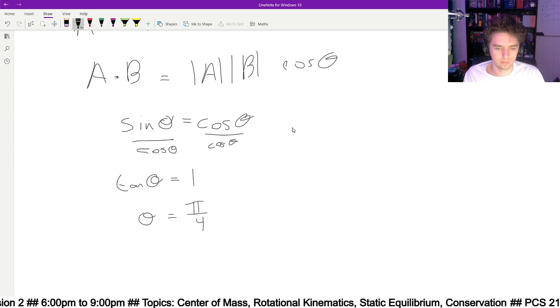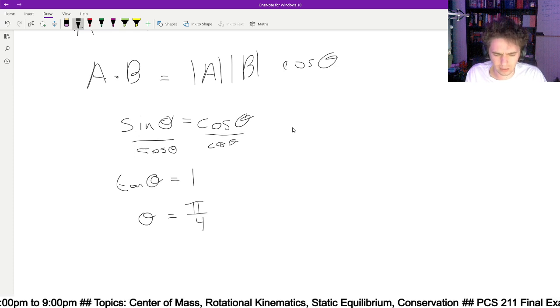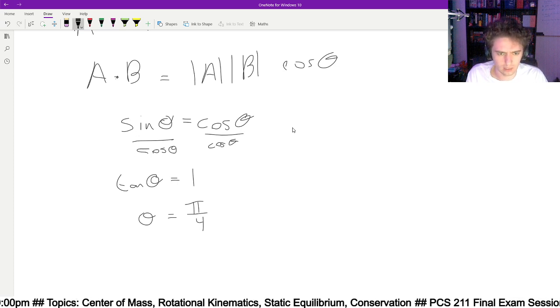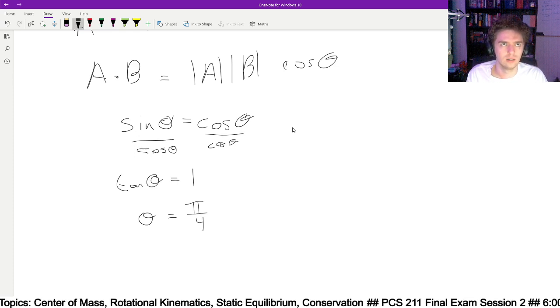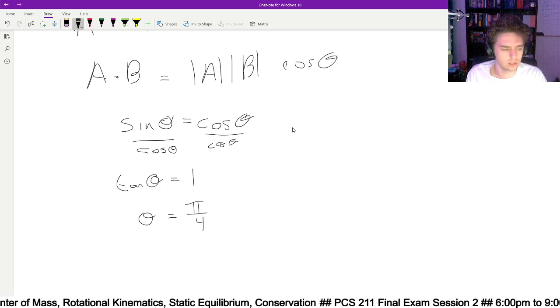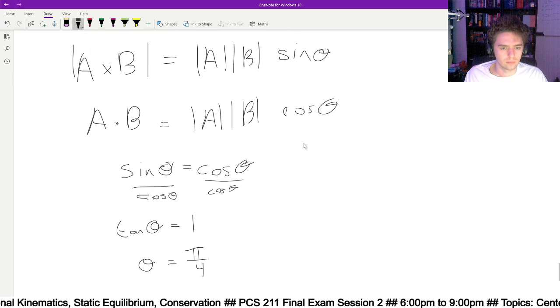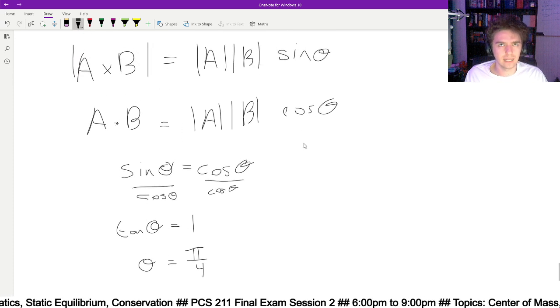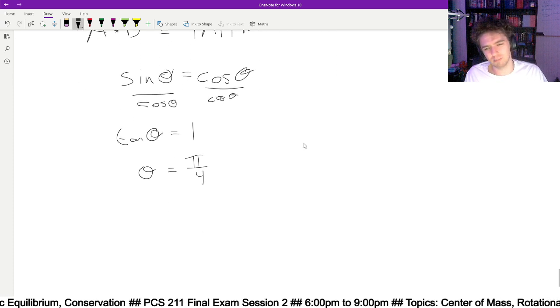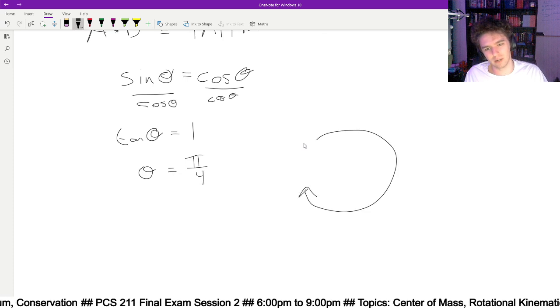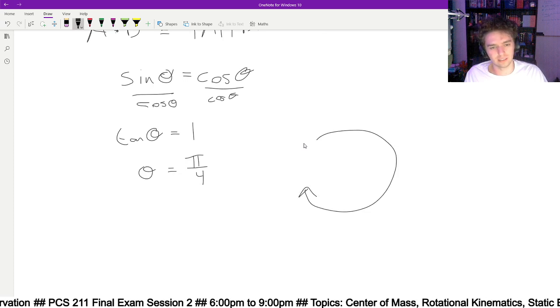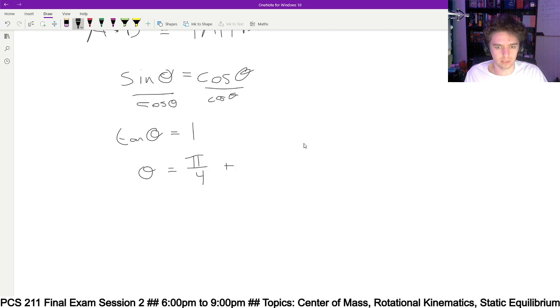Pi over 4. Are there many solutions to that? I don't know if there's multiple solutions to that. Tan equals... I'll just say pi over 4. That's when they're equal. Pi over 4 plus k. That's true, but if it's past the circle, you would just count it as... Yeah, plus 2 pi k.